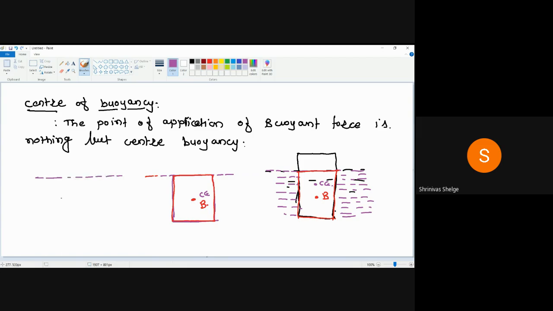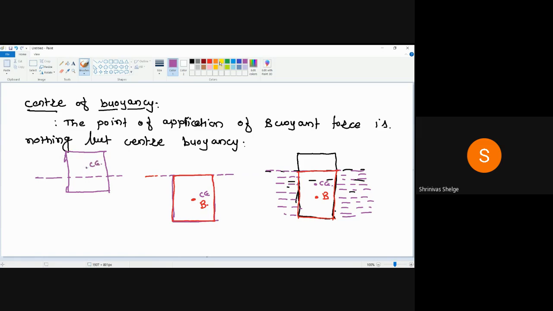So this is the free surface of the liquid, correct? And suppose the body is like this one. So obviously the CG will be somewhere here, correct?